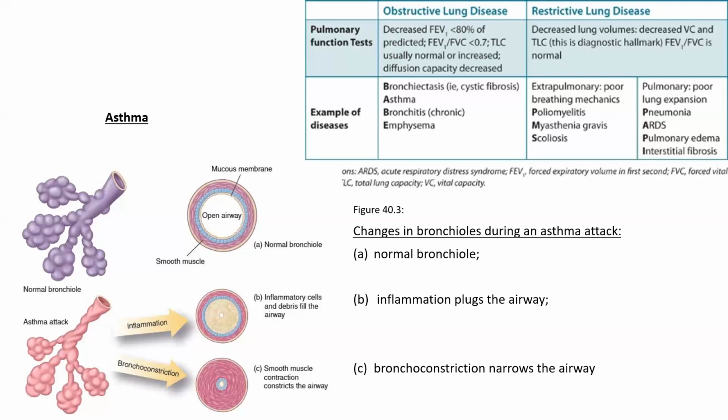When we say COPD, it includes both chronic bronchitis and emphysema. Both will be classified under COPD. Restrictive lung disease includes patients with myasthenia gravis, pneumonia, or pulmonary edema. These are types of restrictive lung disease.